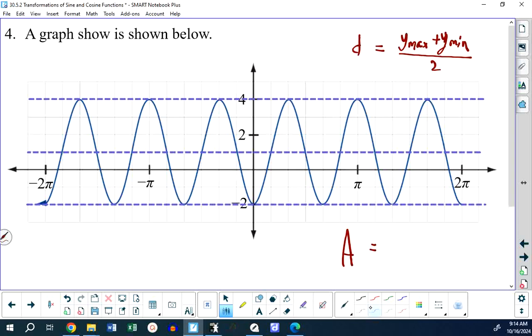Okay. And then what your textbook will say is that the amplitude, we'll worry about the parameter a in a minute, is what you get if you take the maximum minus the minimum divided by 2. You get 3.